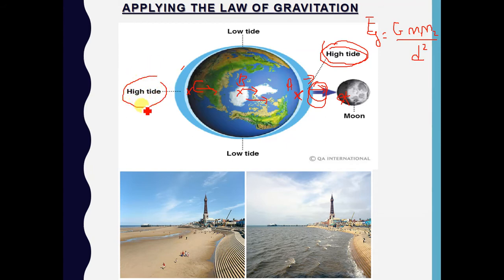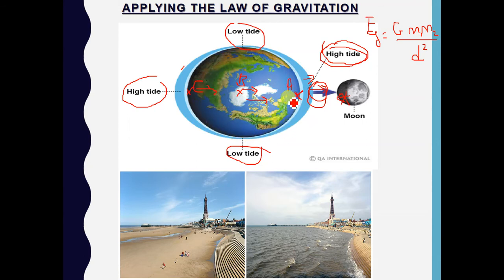So girls, because of the pull of the moon, because of the gravitational force exerted by the moon on the Earth, we have two high tides and two low tides. You know, girls, that the Earth rotates around itself.